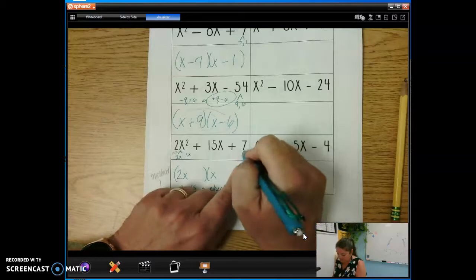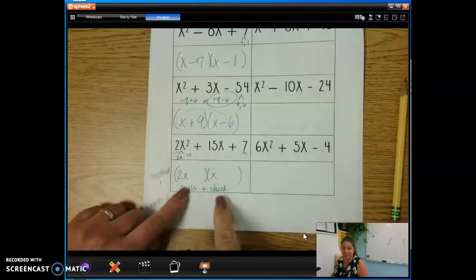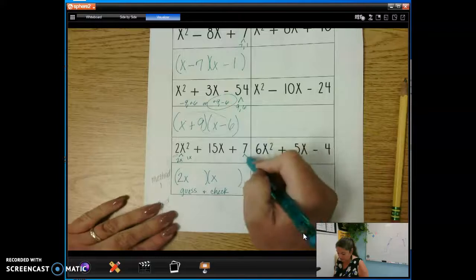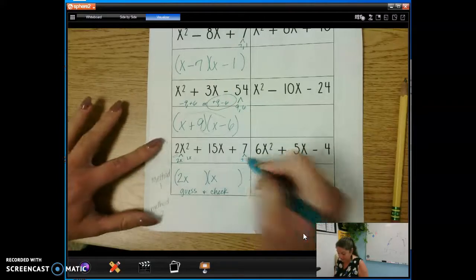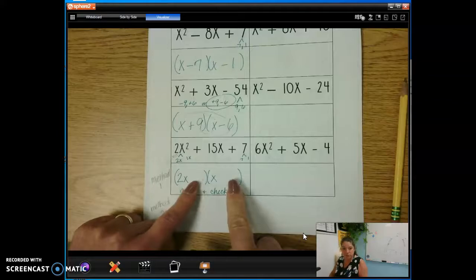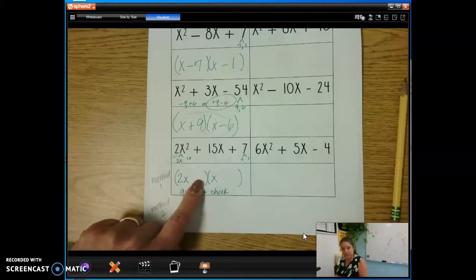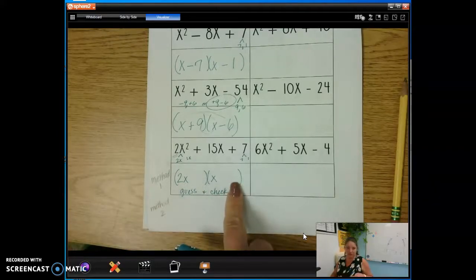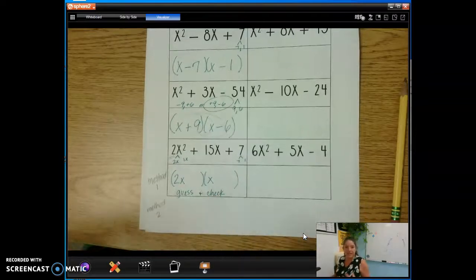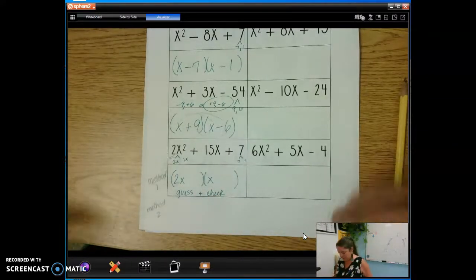Then you go to the 7, and again, we're just guessing and checking where the numbers are going to go. The only way you can break a 7 up is by 7 and 1. What you don't know is which one goes where. Does the 7 go here? Does the 7 go there? Is it 7 and 1? Is it 1 and 7? And that's where you're guessing and checking.